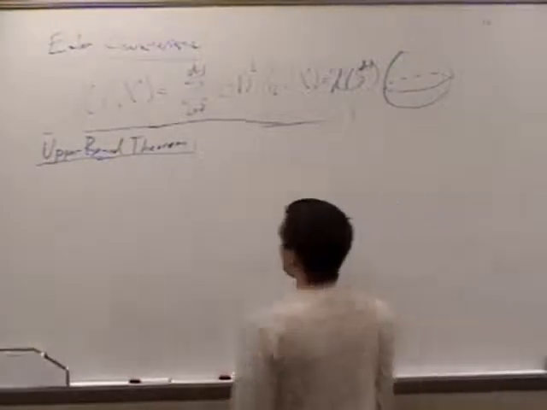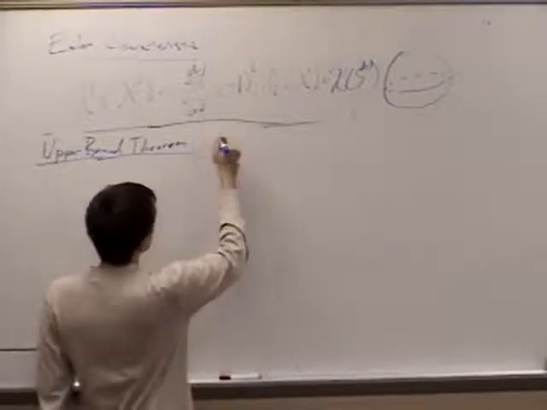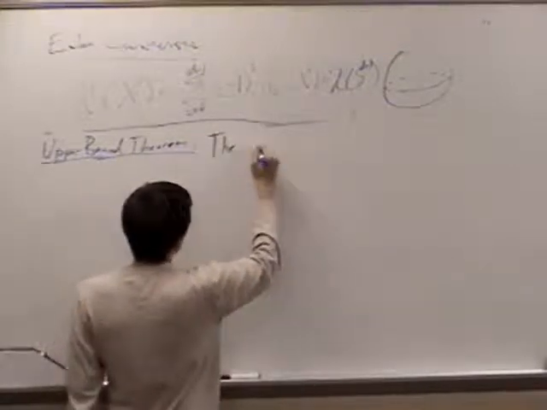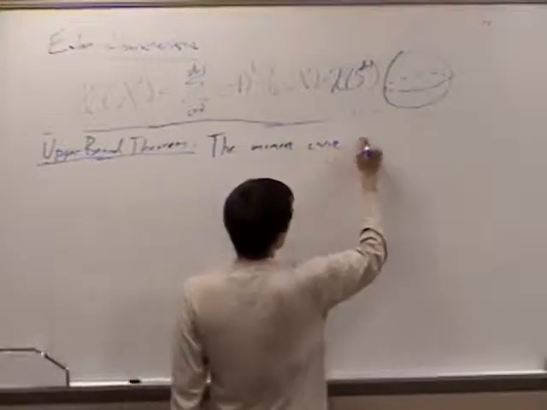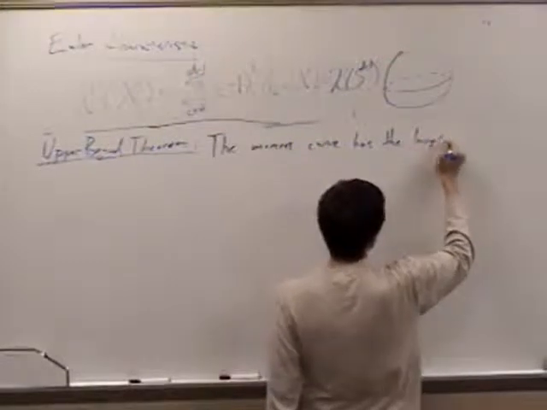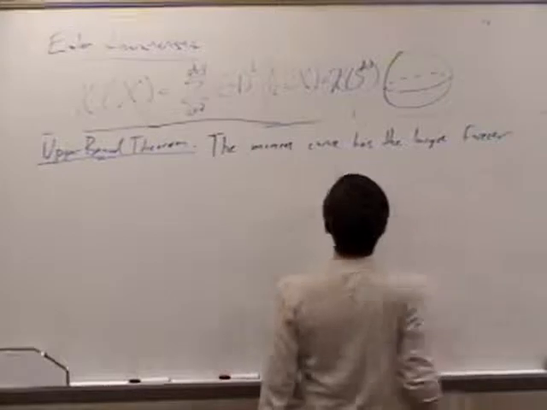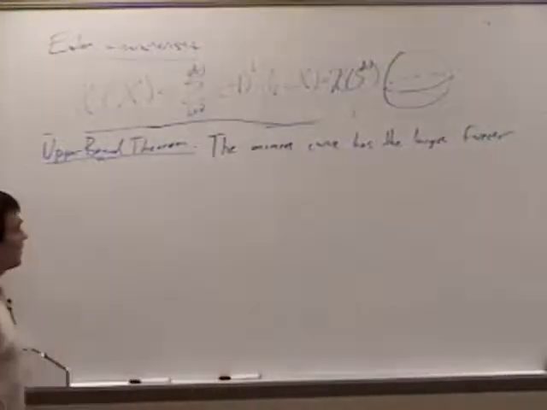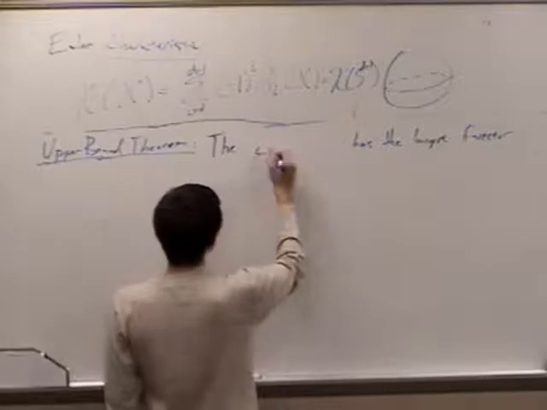So the basic result of the upper bound theorem can be summarized by saying the moment curve has the largest F vector. So what is the moment curve? Or the cyclic polytope, I should actually write it this way. Cyclic polytope.